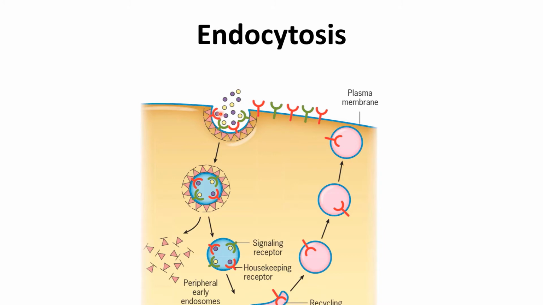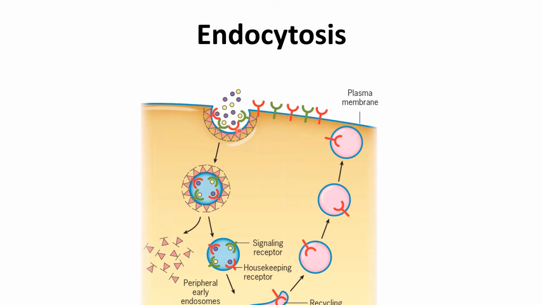So these are actually the ligands that need to be constantly removed from the outside of the cell. Like for example, your LDL, the bad cholesterol, needs to be removed from the outside constantly. So you have your housekeeping receptors for that.